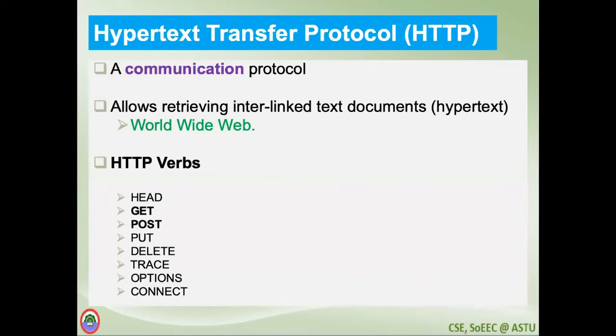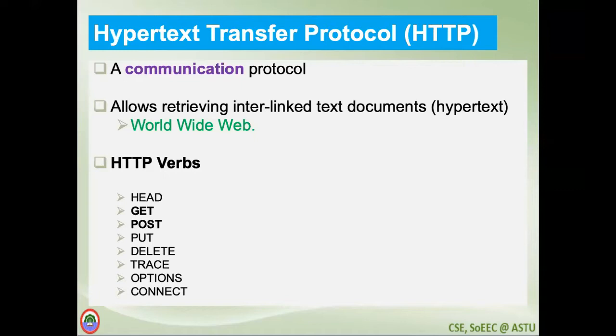For read operation, we are using the get operation. Another one is the post operation. Post is used to create a new resource or new web page or new content. If you want to create something new, then we use the post operation of HTTP.